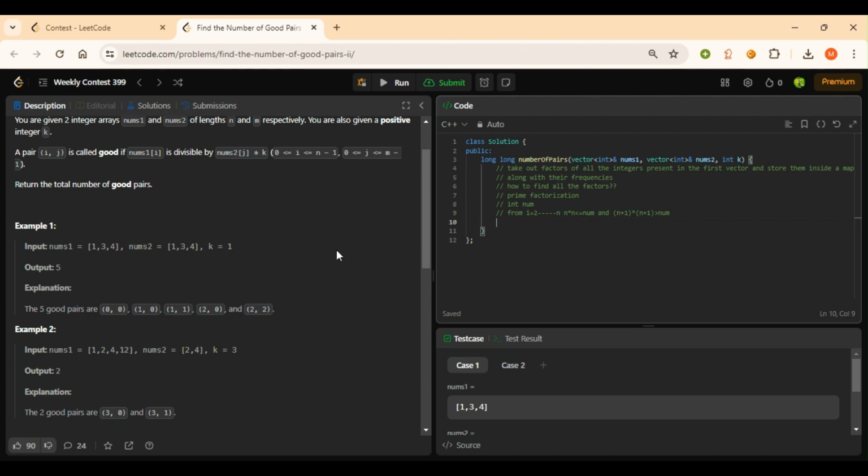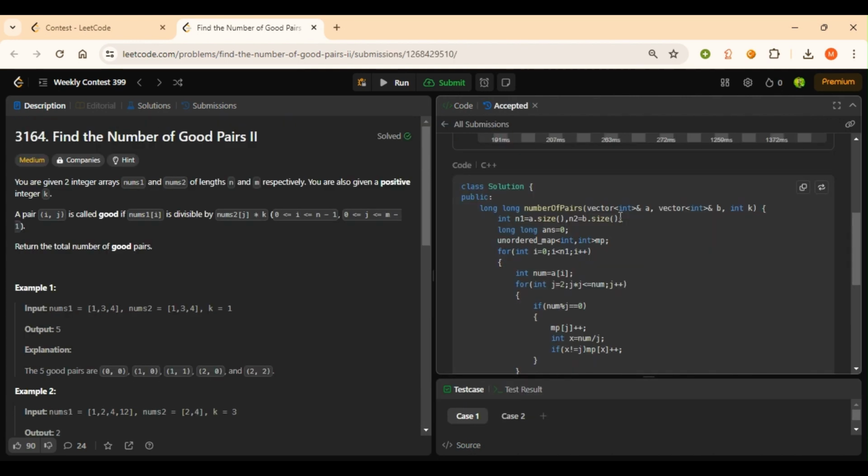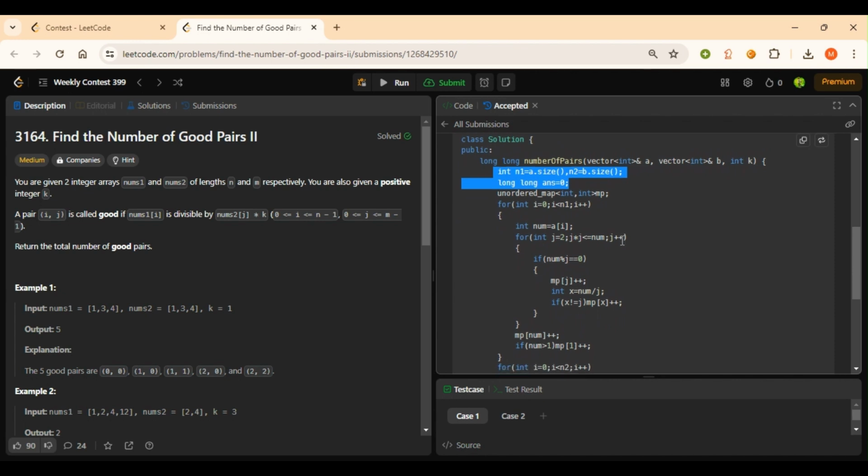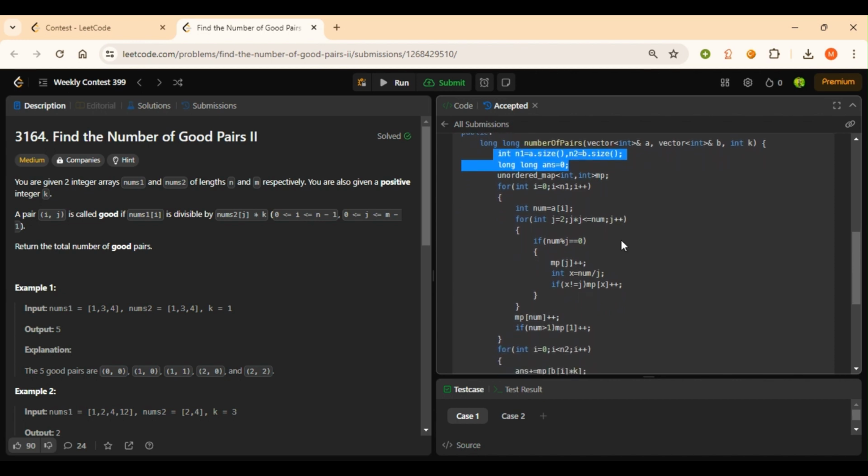If I show you my solution, I have defined an answer variable and two integers n1 and n2 which denote the sizes of the vectors, and we have an unordered map just to reduce the complexity, because a map stores the key-value pairs in sorted order with sorted keys. So we have used an unordered map, or else you can also use a vector.